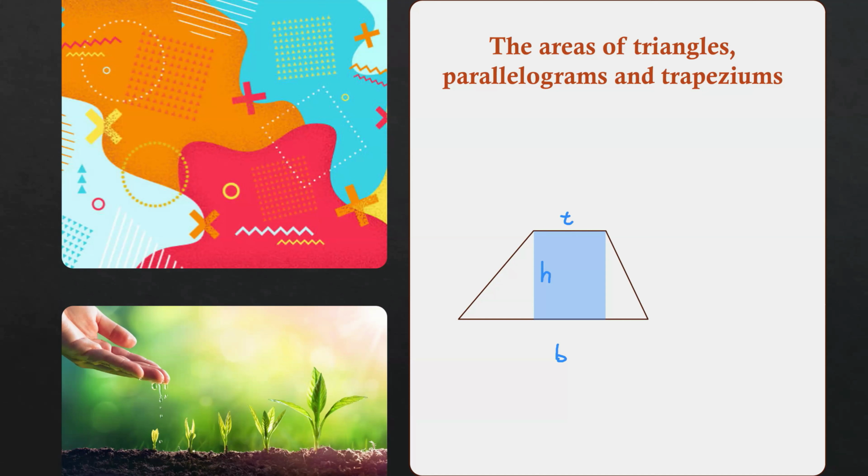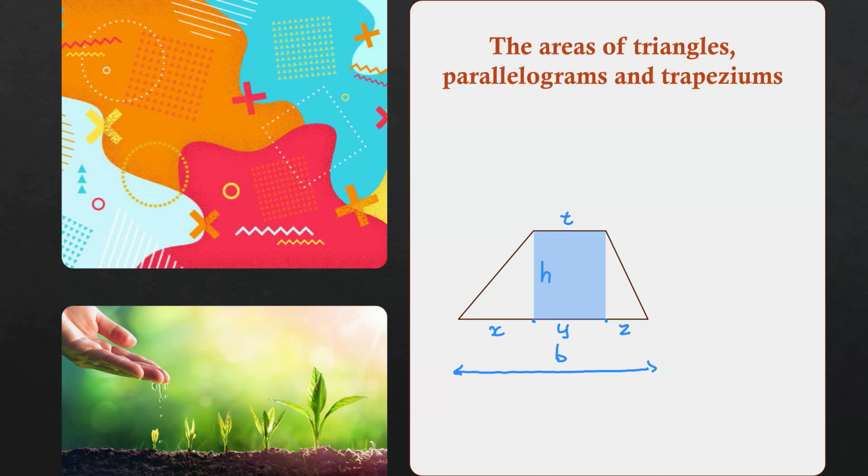Now I'm going to subdivide the base into 3 parts. Let's call them x, y, and z. The sum of x, y, and z will give you the base, the entire length of the base.